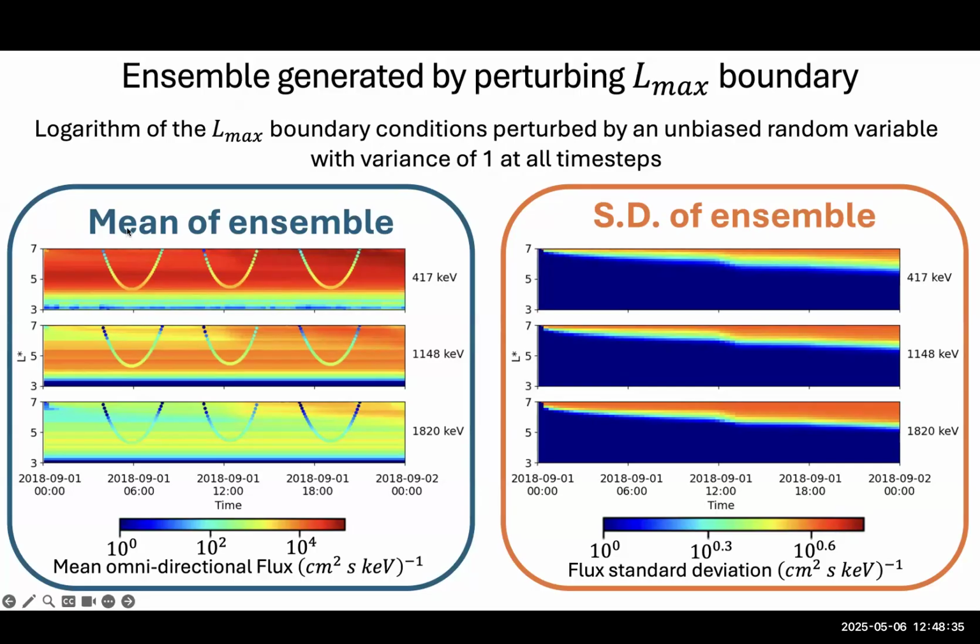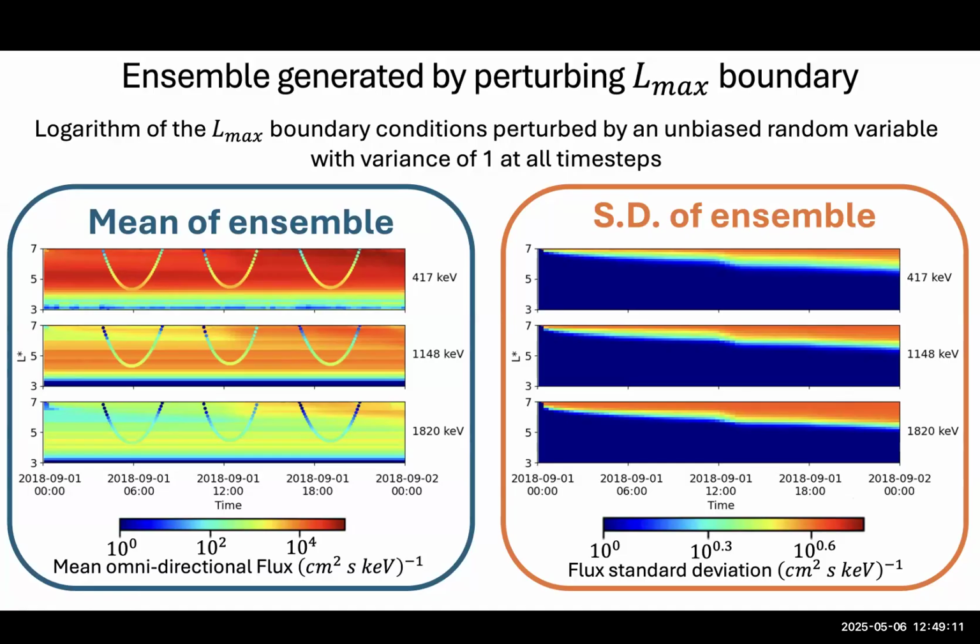There's obviously no real change in the mean because it's an unbiased random variable. But you can see that we've got the inverse of what we had with the initial conditions being perturbed. We have no spread at the lower L stars, but we have the high spread being radially diffused into the system as time progresses.